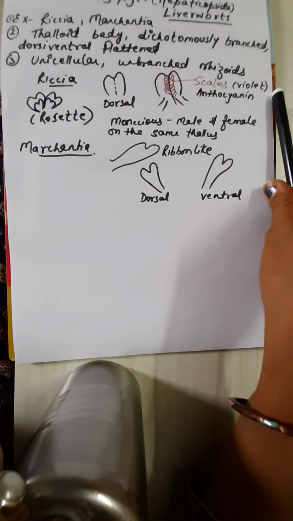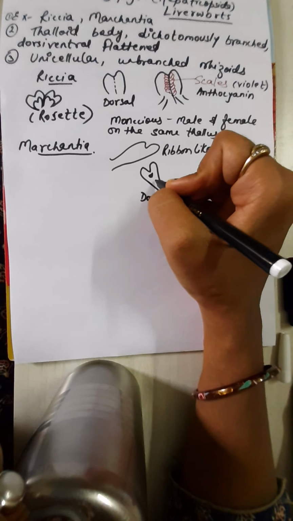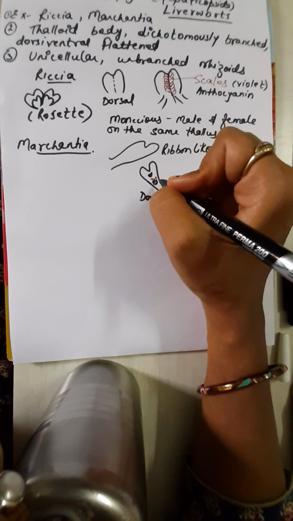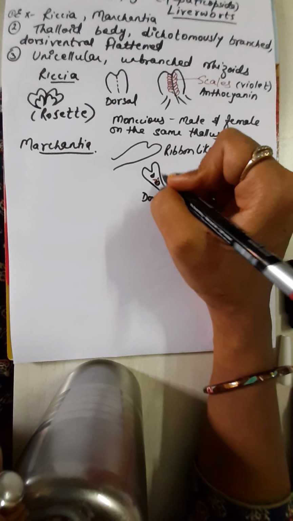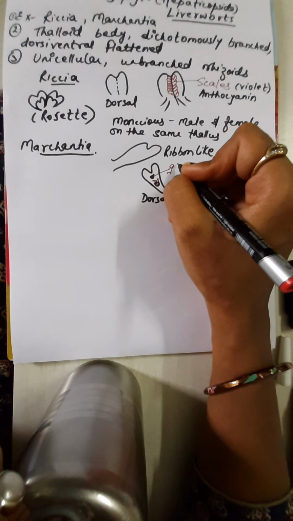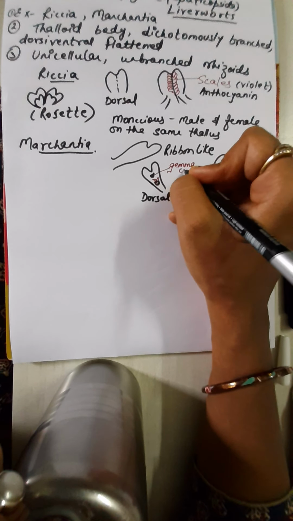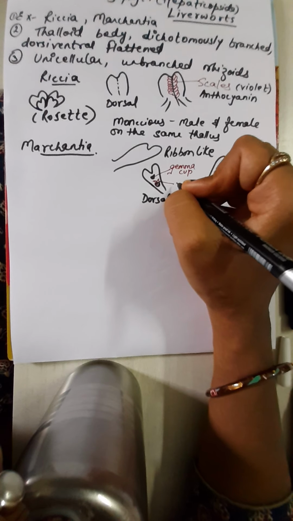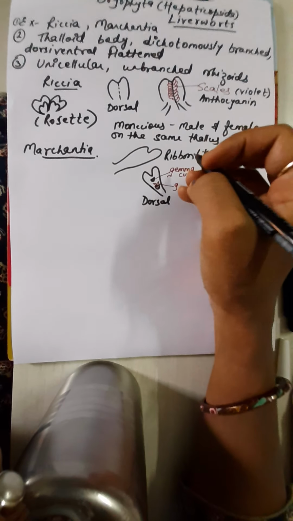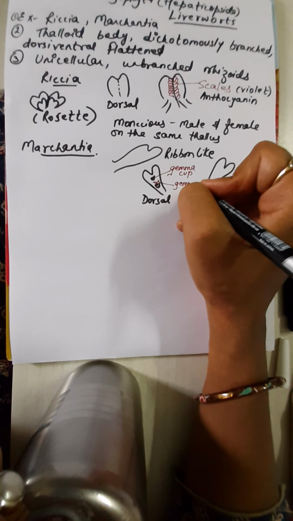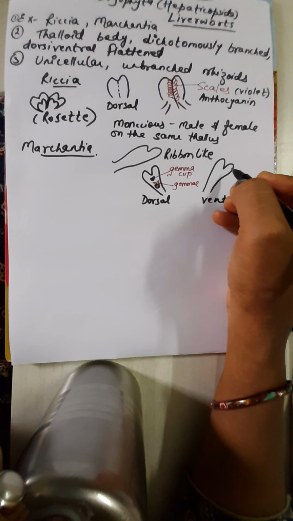So on the dorsal side we will see the gemma cup. And from here a leaf like structure will come which is known as gemma. So it is a gemma cup, and the leaf like structure is known as gemma. And here again I will draw scales, scales on the ventral side.